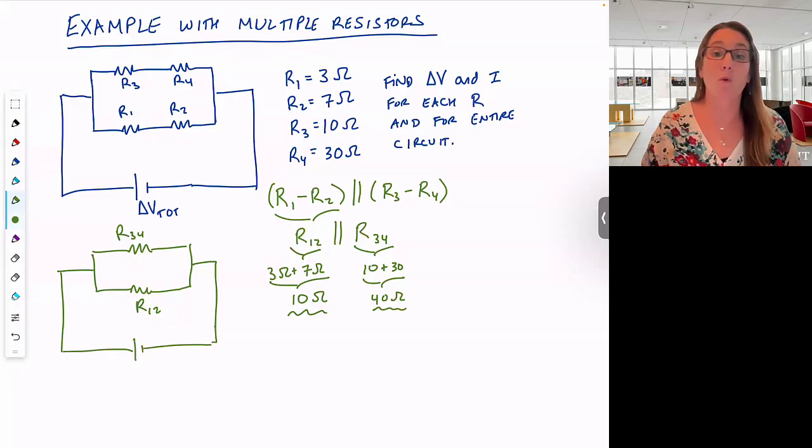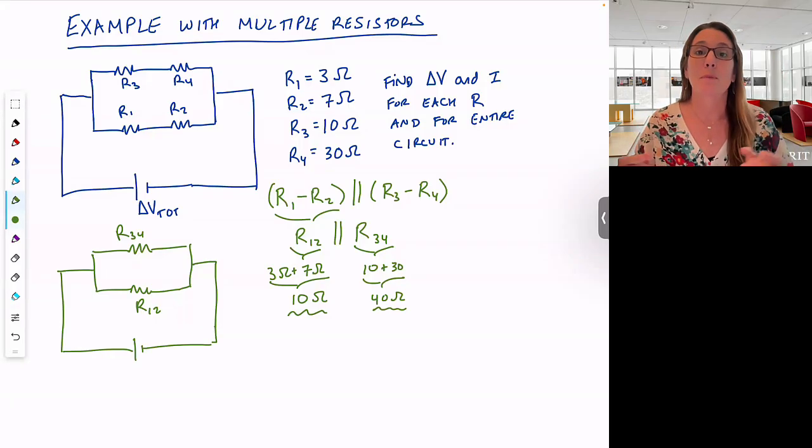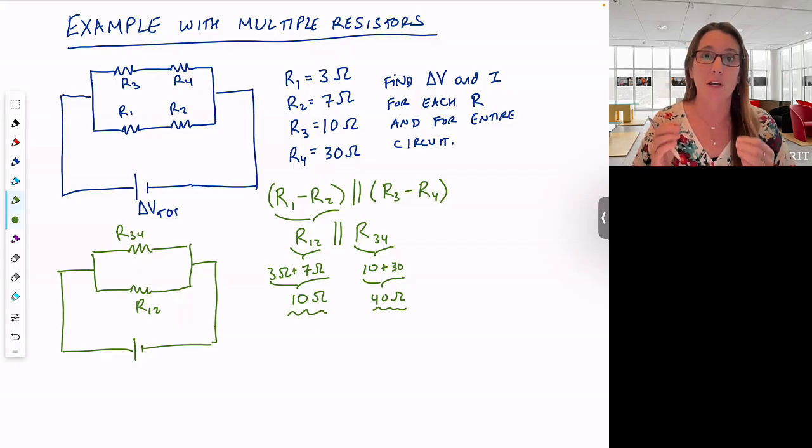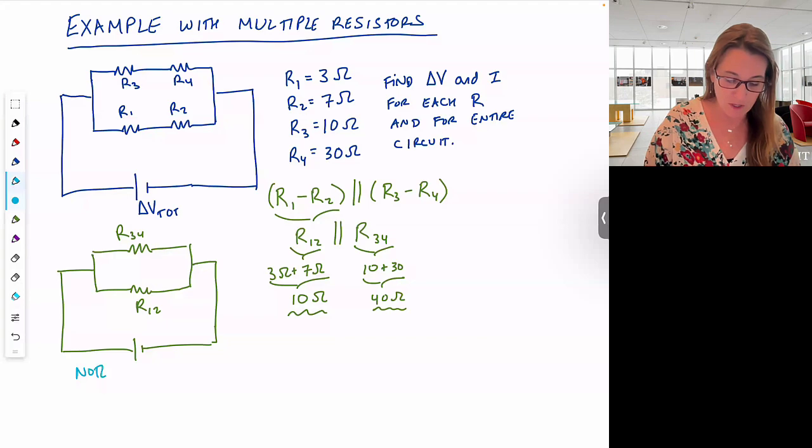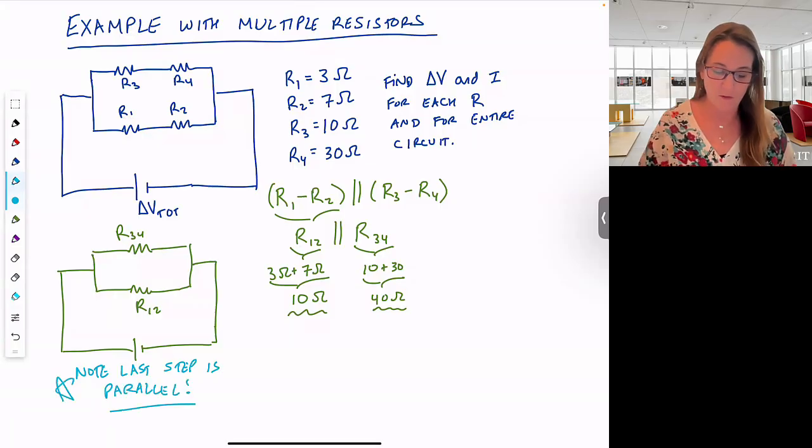That's going to be an important thing because I'm going to note that my last step was a parallel step, and we'll come back to that, but I'll make that note as I'm doing this equivalent resistance. Note that this last step is parallel. That'll be important later.